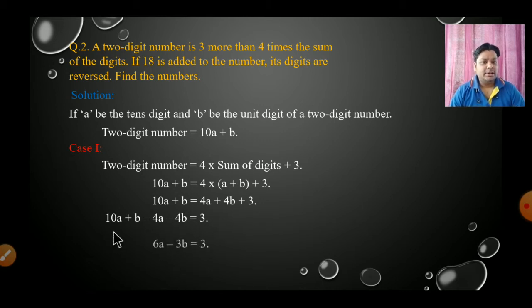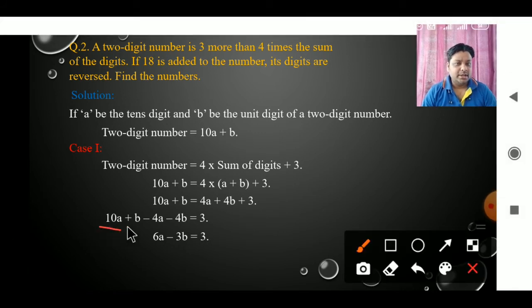So 10a, we have to subtract or add only like terms now. So 10a and minus 4a will be 6a, and plus b minus 4b will be minus 3b. Why minus? Because 4 is greater. Now 6a minus 3b is equal to 3. Now we have to see whether there is any common digit or variable in these two numbers. Yes, there is a common constant term, not a variable.